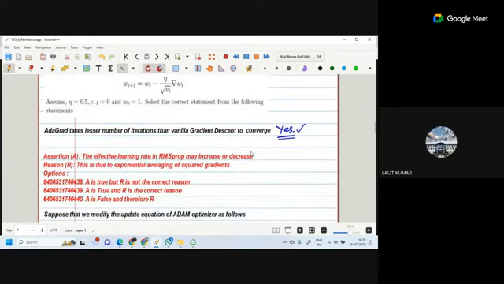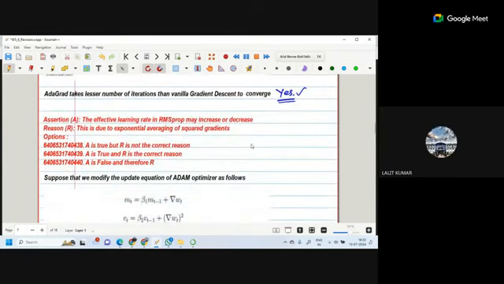There is another question. Assertion is that effective learning rate in RMS prop may increase or decrease, and the reason for that is the exponential averaging of the squared gradients. We have seen that in RMS prop, Vt is equal to beta into Vt minus 1 plus 1 minus beta into the gradient square.